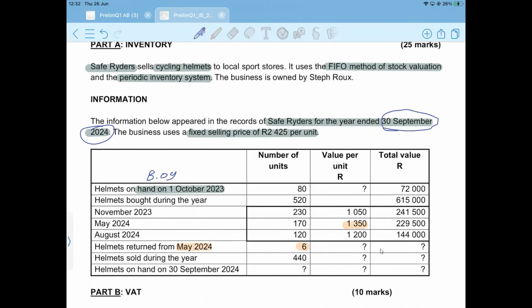So our cost price here will be 1,350 for these helmets. Let's check how much that gives us. That will give us 8,100.